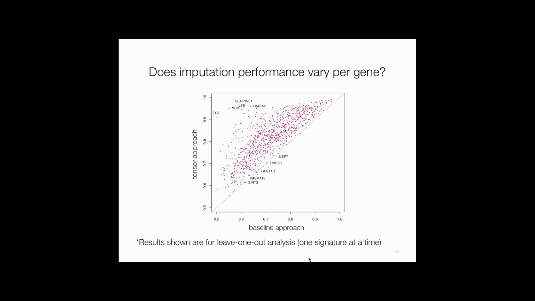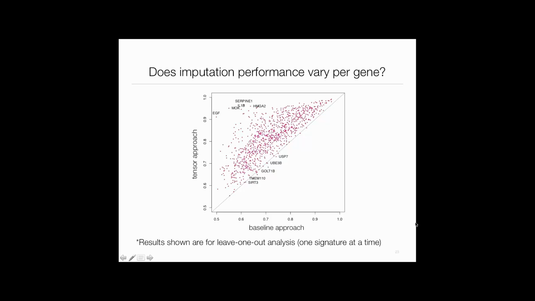And so what we see is that at a gene level, for almost every gene, the tensor approach does do better than the baseline. And another immediate observation from this plot is that the performance does vary quite widely per gene. So some genes are showing results near 0.5 for both methods, and some genes are showing results close to 1.